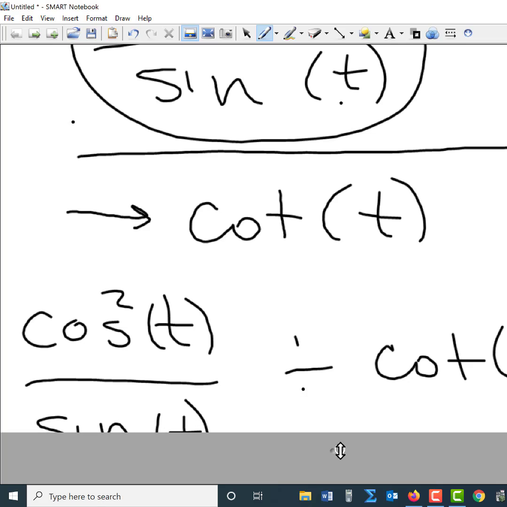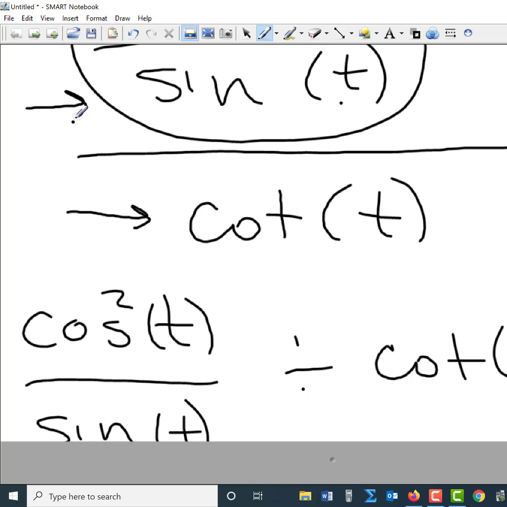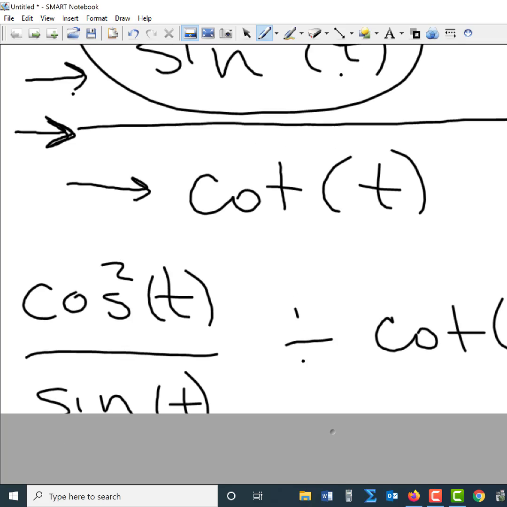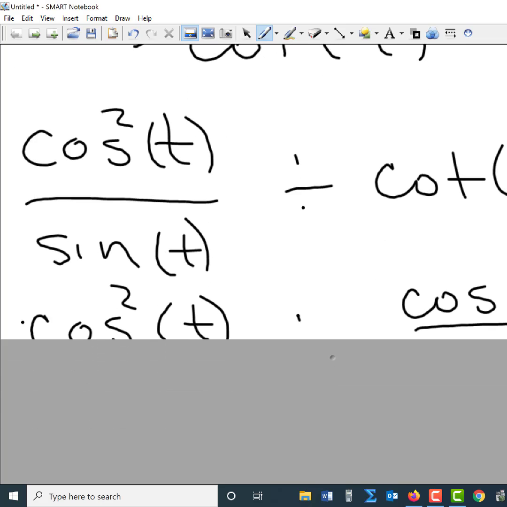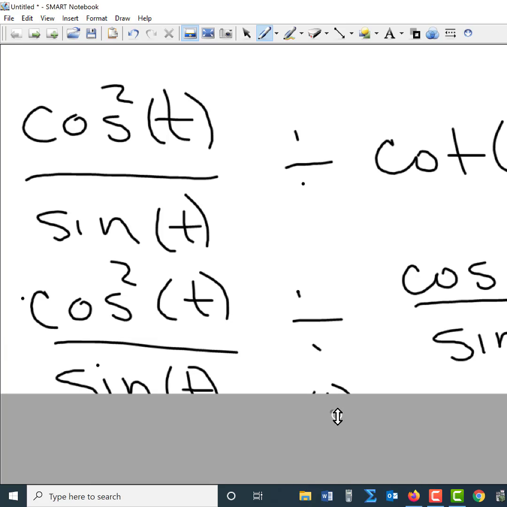So now we have the top. This big fraction bar is the same as division. So we really have a division problem now. So we have cosine squared over sine squared divided by cotangent. And as we're looking at that one, cotangent we just said was cosine over sine.